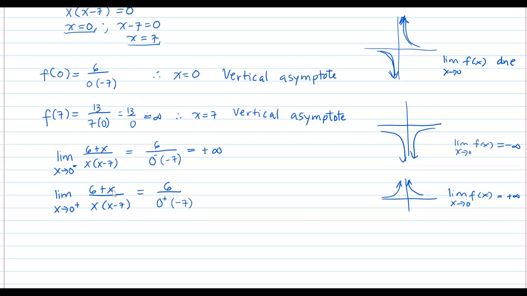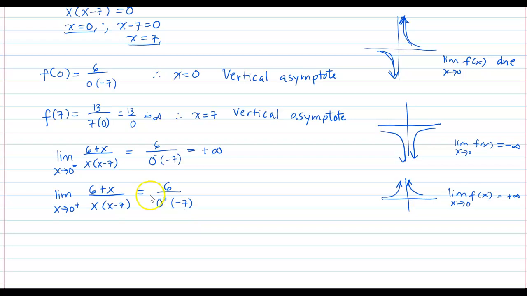So negative. Here, when I say 0 plus, again, the values as it approaches 0 are positive, coming from the right side of 0. So those are positive values, times negative is negative. So that becomes a 0 minus. So that means you have 6 over 0 minus, which is negative infinity.